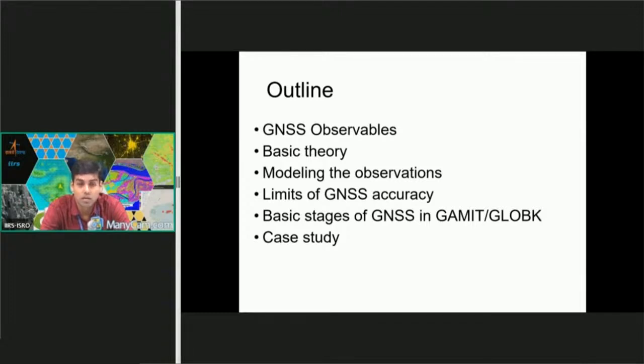There are open source softwares globally available. We use this software when we require millimeter or sub-millimeter accuracies for different applications. Then at the end, we will discuss a case study.